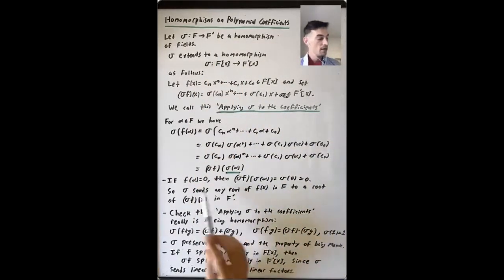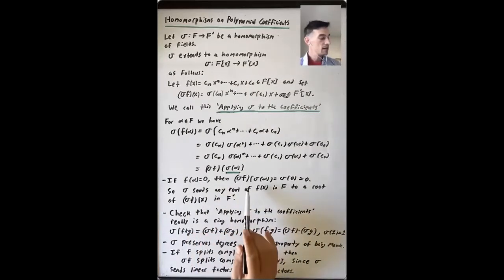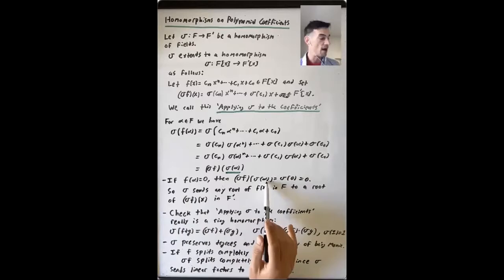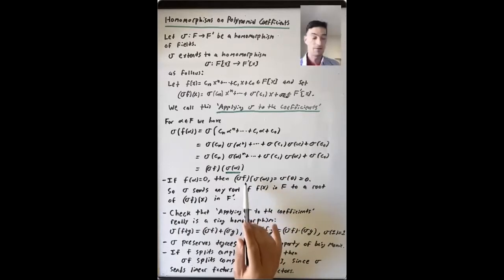So what does that mean? If you have alpha being a root of f, then what we're seeing is sigma of alpha is a root of sigma of f.